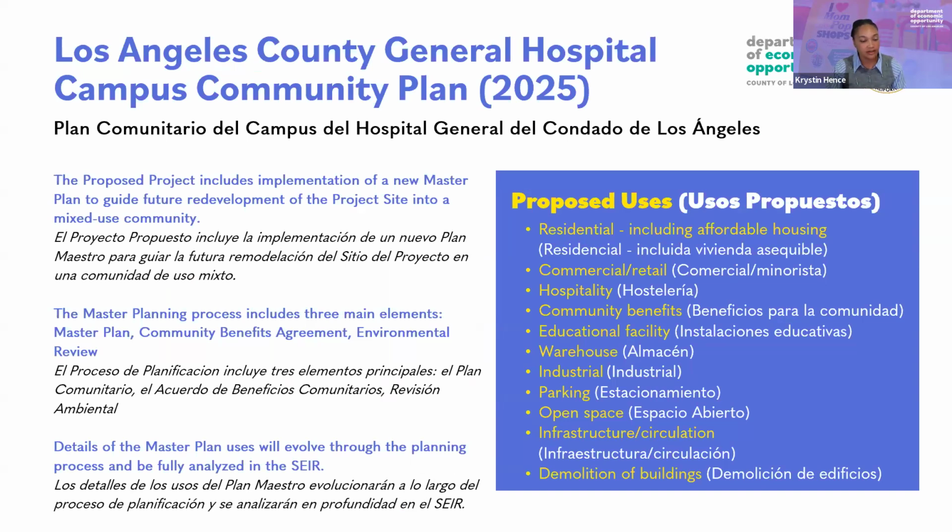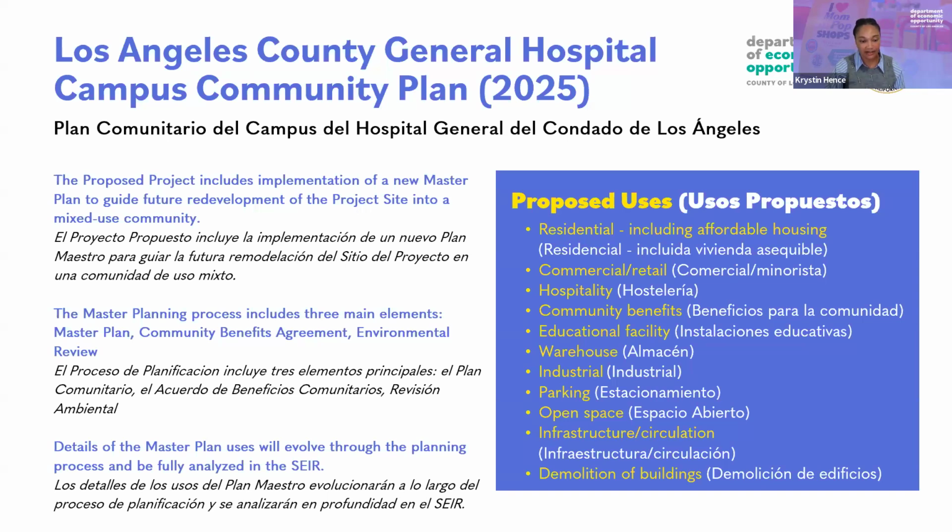It includes three main elements when it comes to how we're engaging with the public. One is the master plan itself, so the development of the conceptual plan. Two is the community benefits agreement, which we'll talk about shortly. That really identifies what's important for the community and comes to an agreement with the developer on how that gets action going forward. And then the environmental review process under CEQA.